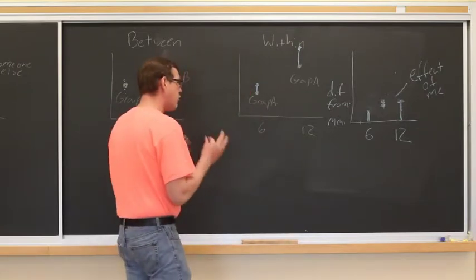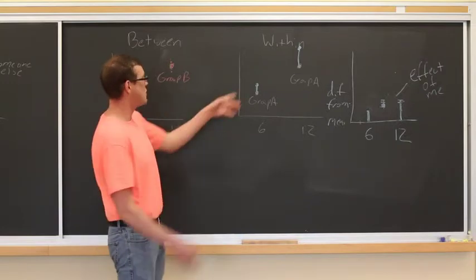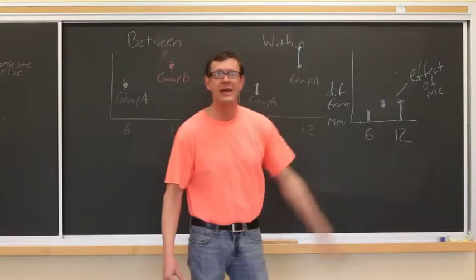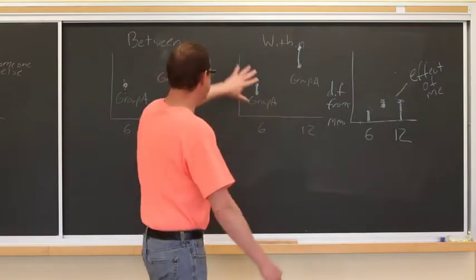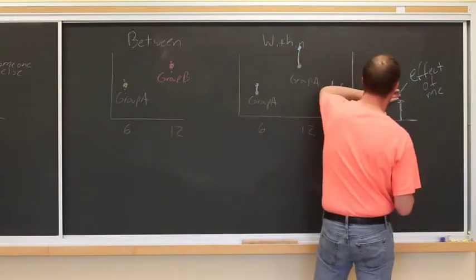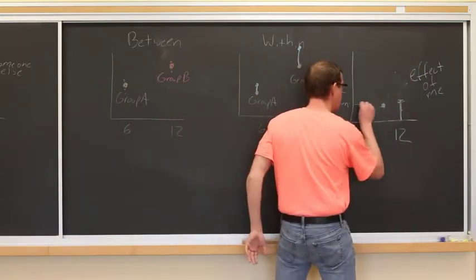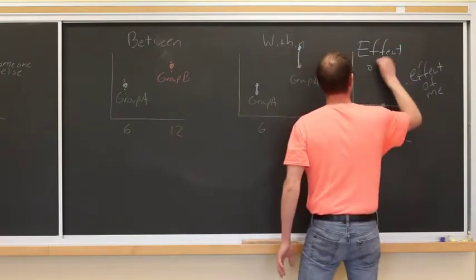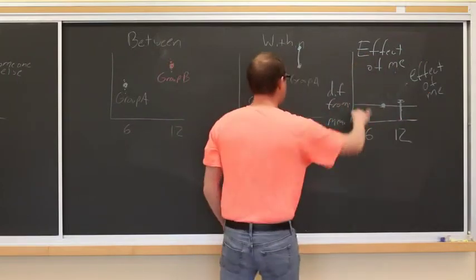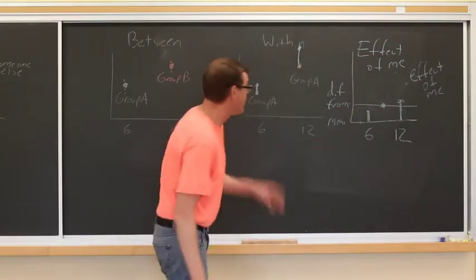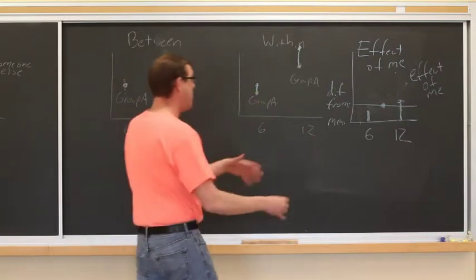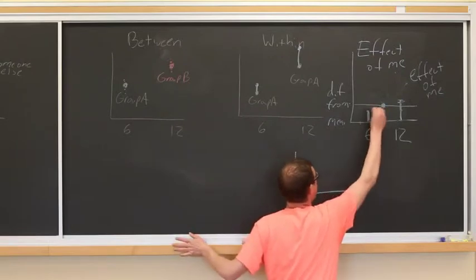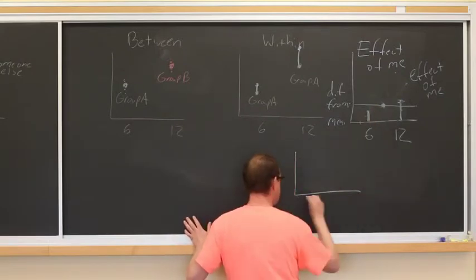Now, the great thing about repeated measures or within subjects designs is that we can basically figure out the effects of people and get rid of them. So, just like I did here, if this is the effect of me, right here, we can get rid of the effect of me and see how much I differ from the mean of me by subtracting each of these data points from the mean.